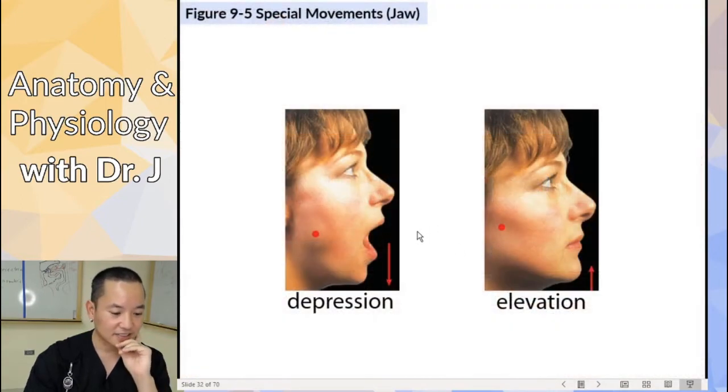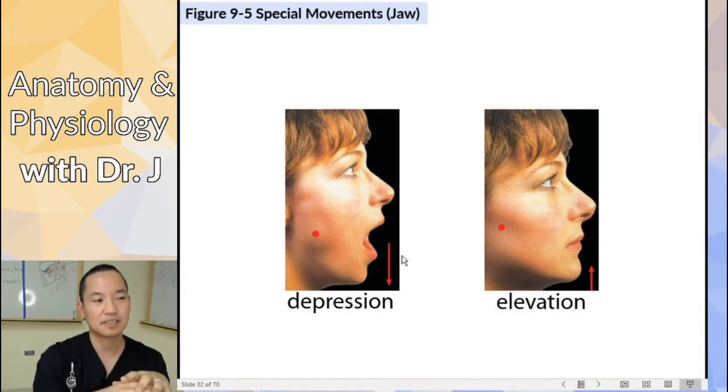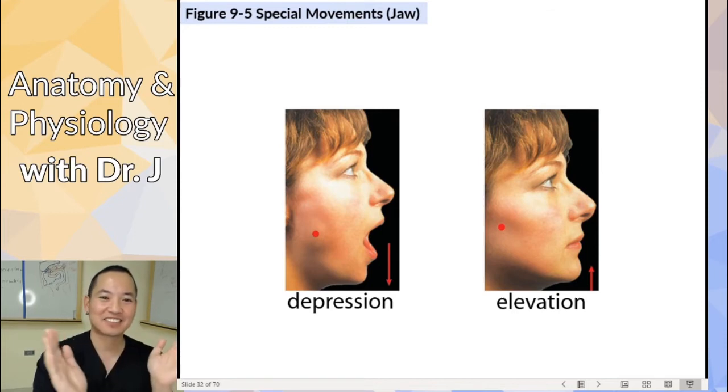And okay, I forgot if it was in Martini, but they also have a special movement called excursion, where it's lateral excursion of the jaw. So if you're kind of doing this, but when you move it toward the middle, that's the medial excursion. So it's another example of how your jaw is able to do all these movements.